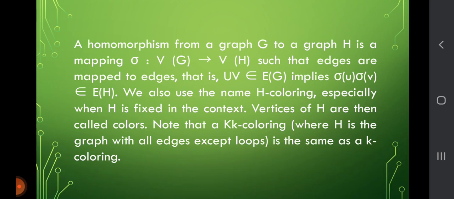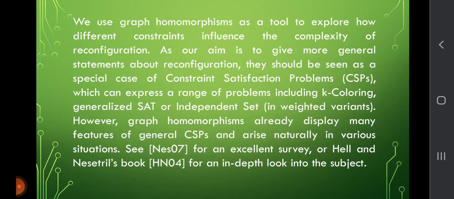Vertices of H are then called colors. Note that a K_k-coloring, where H is the graph with all edges except loops, is the same as a k-coloring. We use graph homomorphism as a tool to explore how different constraints influence the complexity of reconfiguration.